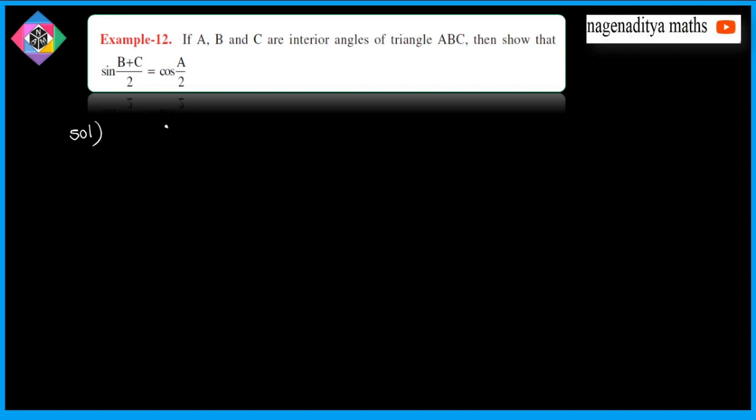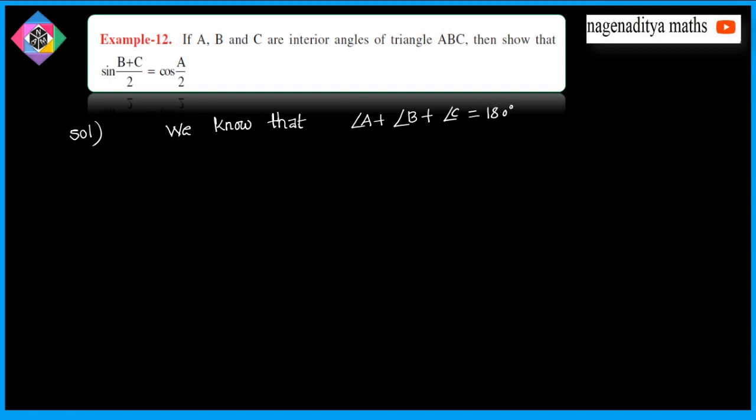We know that the sum of the angles in a triangle is 180 degrees. We know that angle A plus angle B plus angle C is equal to 180 degrees. Okay.